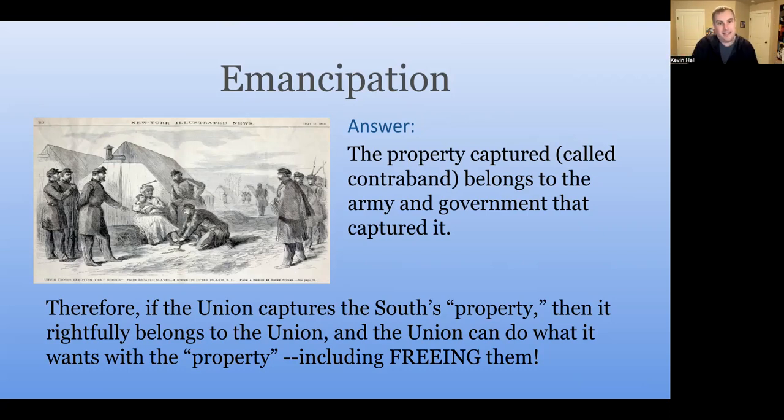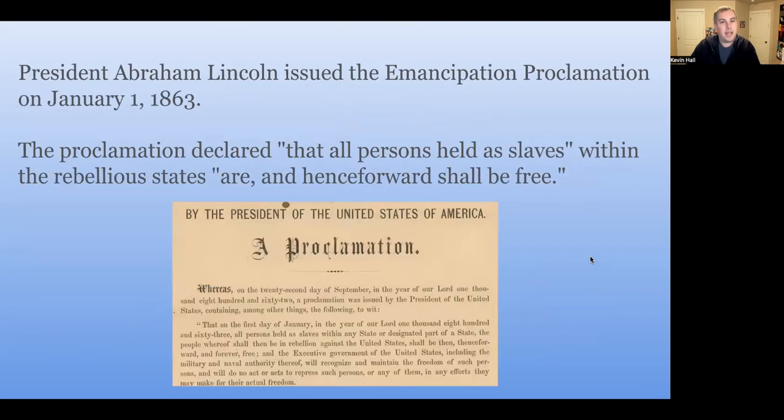They're ours now, right? So this is the argument that Lincoln used to free the slaves. In 1863, he issues the Emancipation Proclamation, which says that all persons held as slaves within the rebellious states are and henceforward shall be free. He's basically saying all the slaves are free.